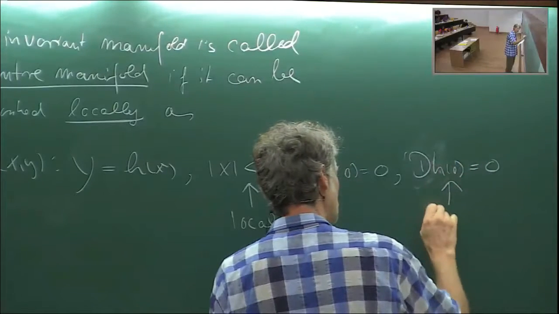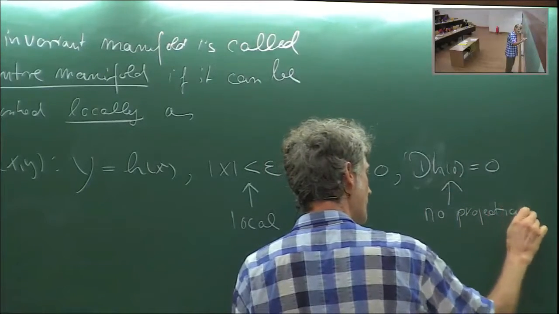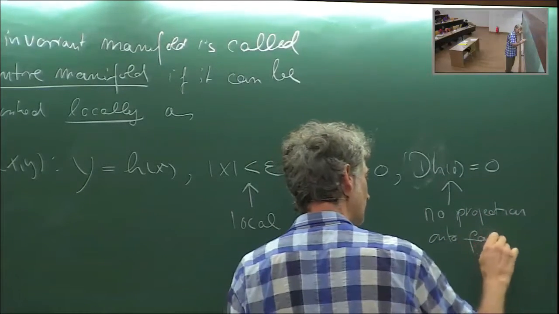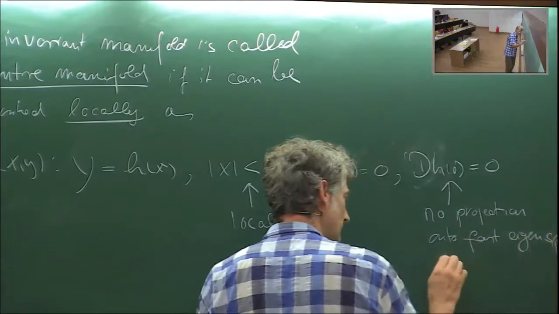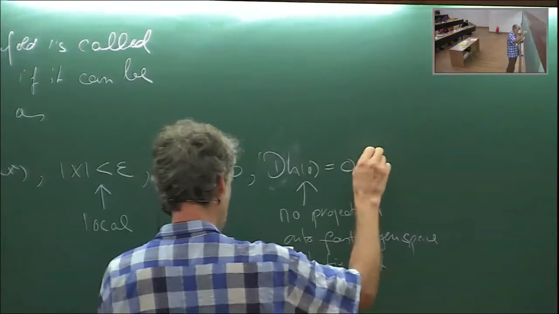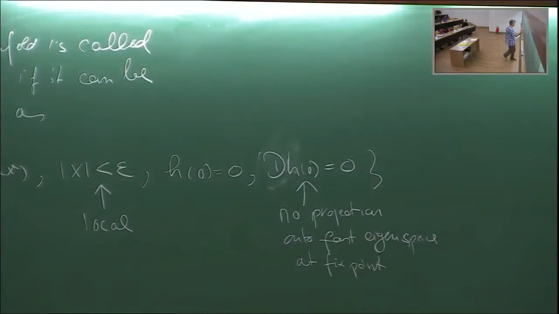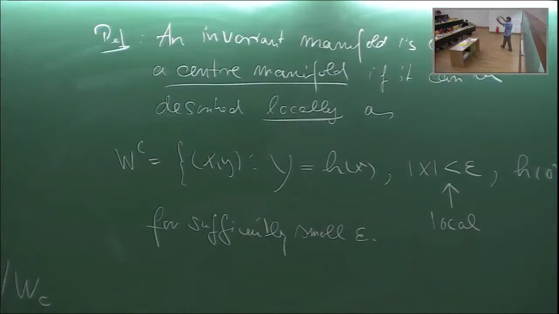So no projection onto fast eigenspace at fixed point. Okay. And this is for sufficiently small epsilon. Right, so we can always find some kind of small region around our fixed point where this holds.